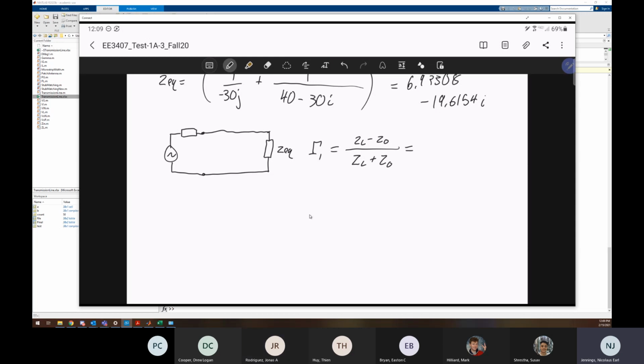What is going to be our ZL in this case? Anyone have an idea what ZL is going to be?